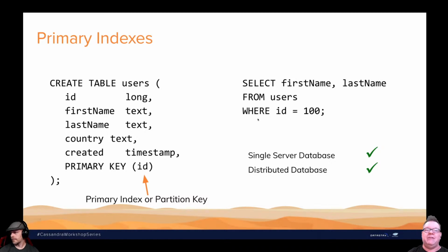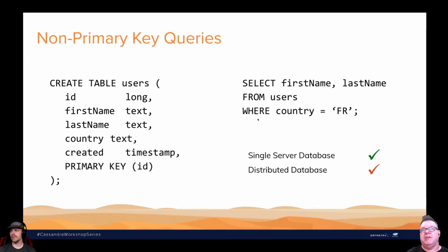When you say this ID equals 100, it's an indexed lookup, so you should expect a primary key lookup to always be fast and efficient. That's just basic information for a database. But when we go beyond the primary index, into non-primary key queries, that's when things start to diverge quite a bit. So in this case, same table, but I want to query something other than the primary key.